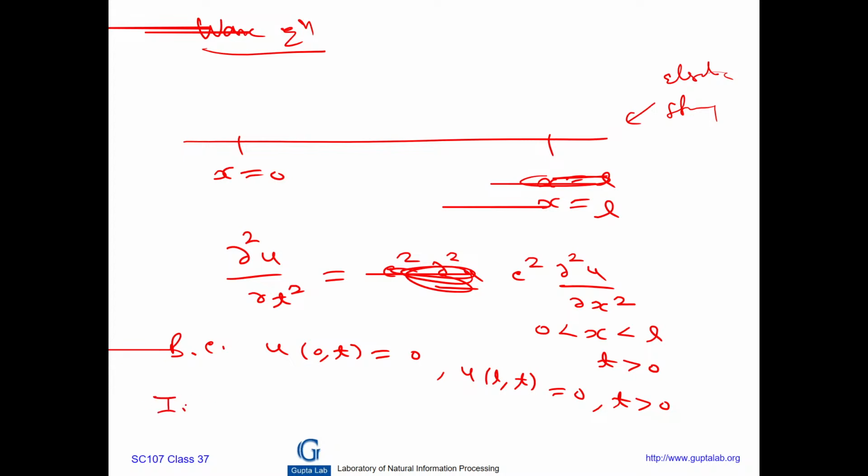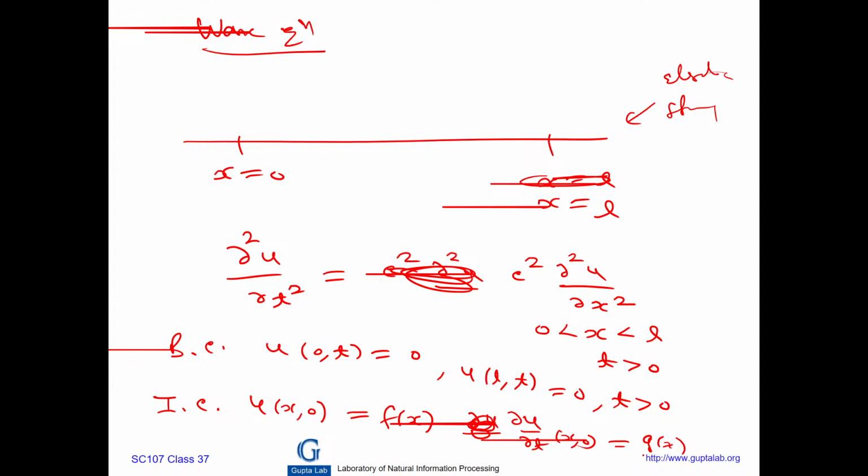And second thing, what is the initial condition given? That u(x,0), initial condition means when t is equal to 0, right? Initial time, right? t is equal to 0 is f of x. This is initial displacement at t is equal to 0, and we are also given del u over del t (x,0) is equal to g(x).